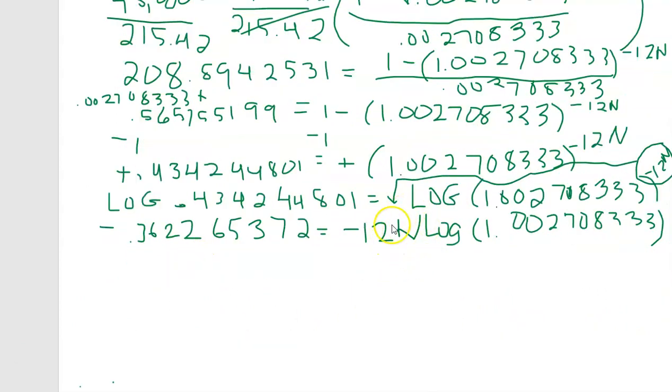Okay, now, n is our variable. The log is a function on our calculator. So this log of 1.00270833 is a number, just like the number that we got over here when we put it into our calculator. So I am going to put that log into my calculator and get that number, just like I got the number here on the left side.